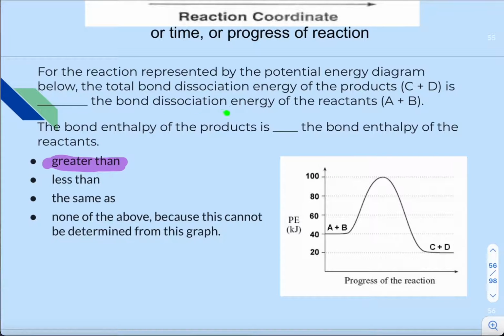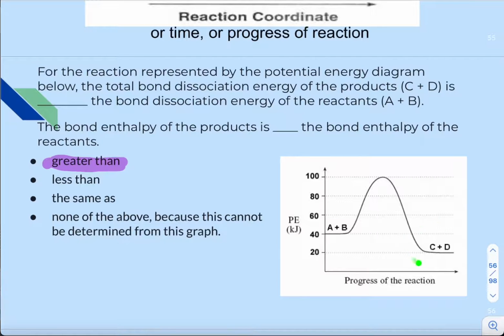But remember, we're talking about the dissociation, or the bond enthalpy. Bond enthalpy, not reaction enthalpy. So bond enthalpy of the products, basically that's asking which one involves more energy. Does the forming give off more energy, or does the breaking require more energy?